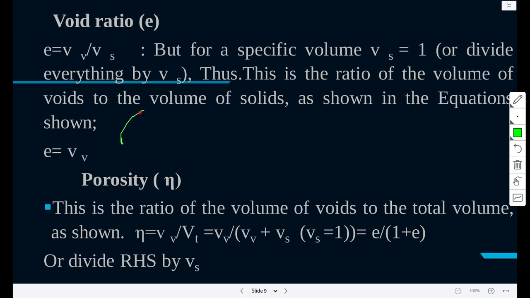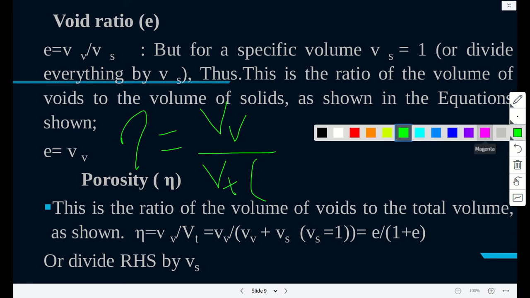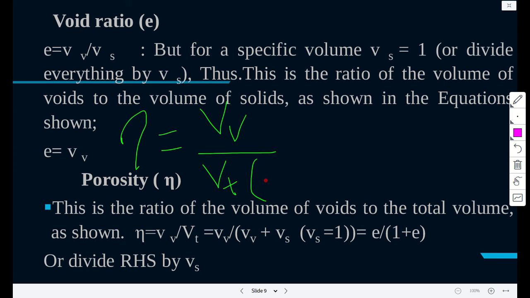So the porosity we are saying is the volume of voids over the total volume. The total volume is the volume of voids plus the volume of solids.